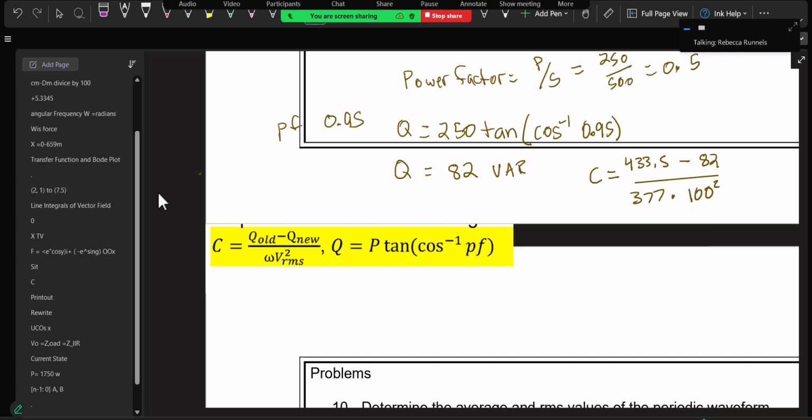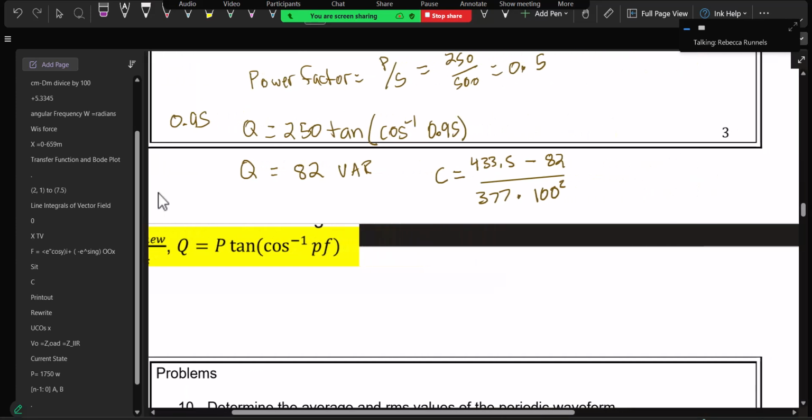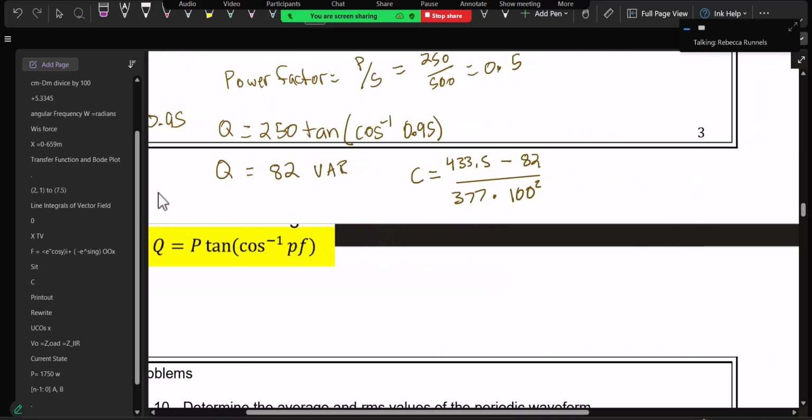So 433.5 minus 82 over 377 times 100 squared, and I get a capacitor of 0.00009326, or 93 microfarads.